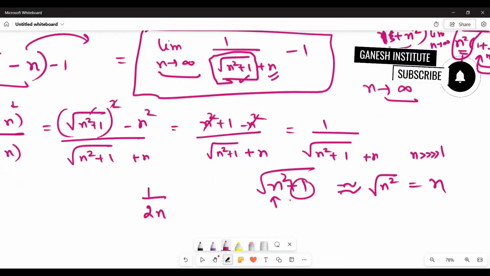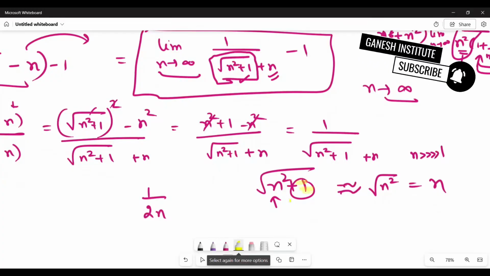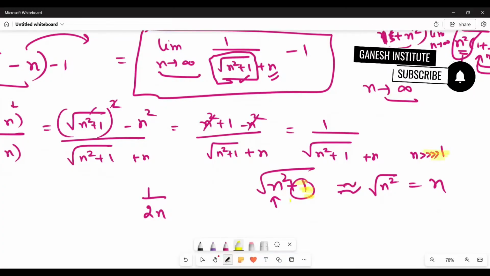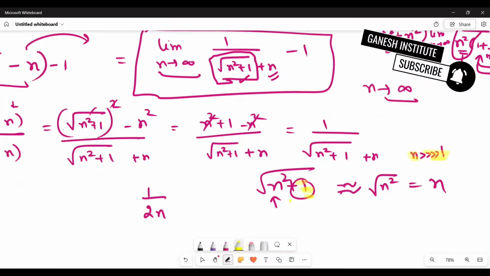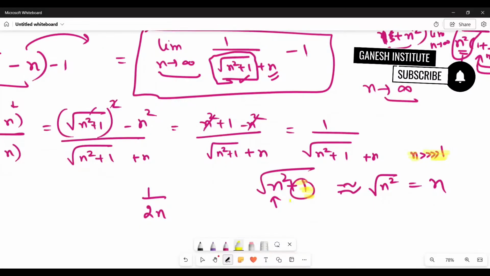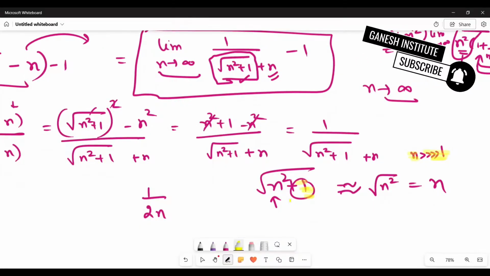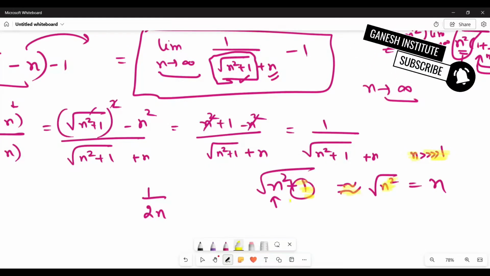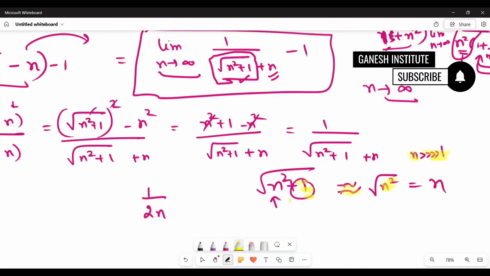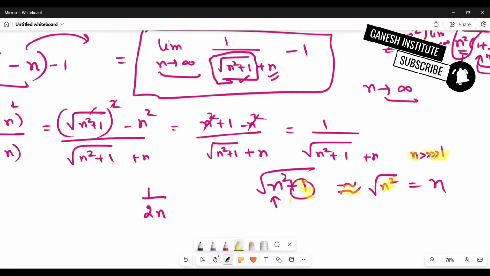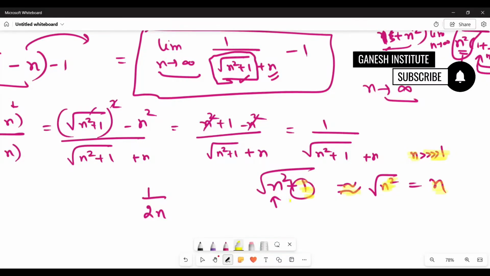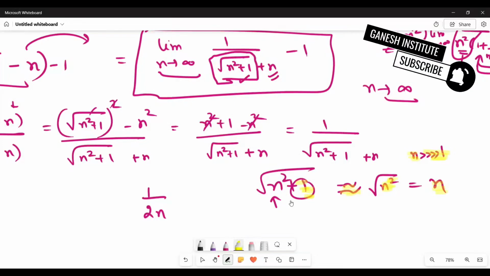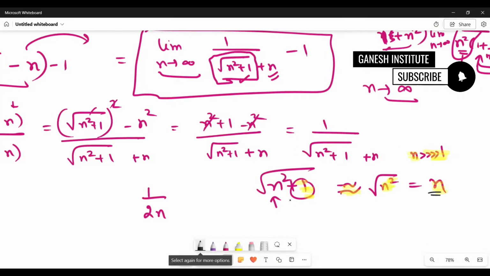How did you get rid of the +1 though? So 1 is way less than n because n is increasing, it's infinity. 1 is basically so small, a constant. So I have assumed that if we leave 1, it will not make any difference even if we add it. So then square and square root get cancelled and I got n.